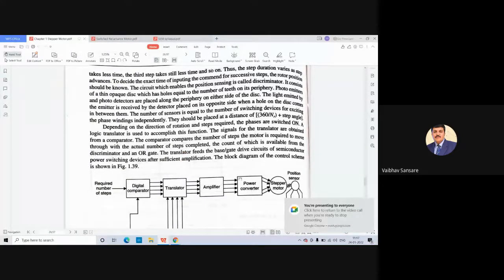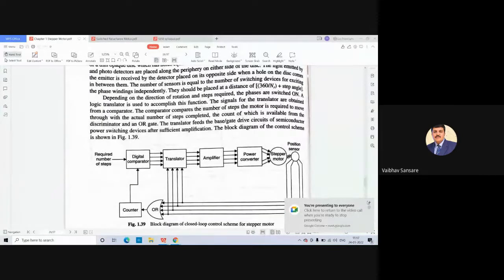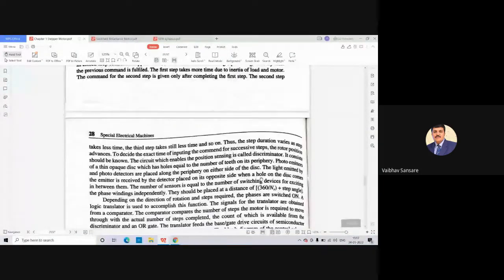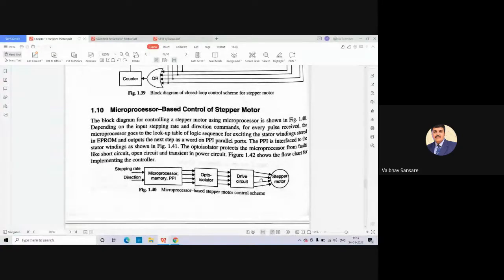Now only one point remains from control strategy, which is the microcontroller based control of a stepper motor. Okay. Now there is a vast area to work in this particular control strategy.